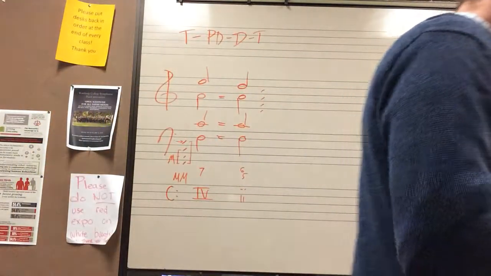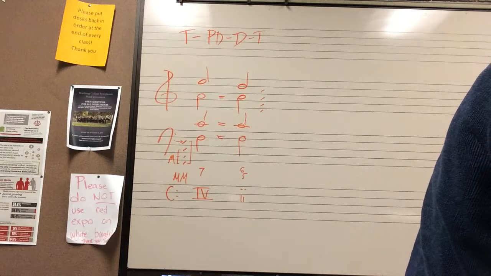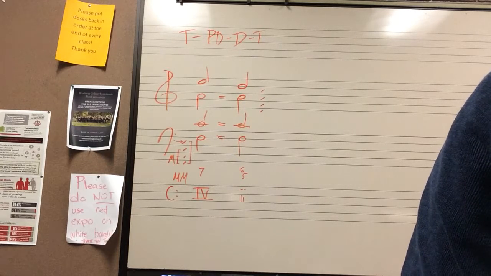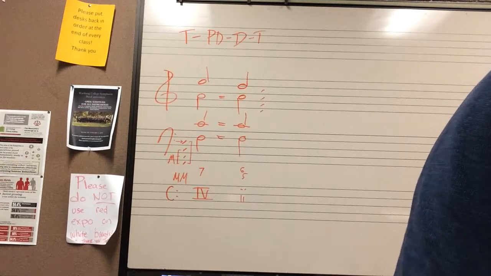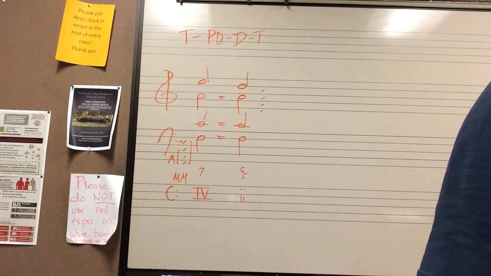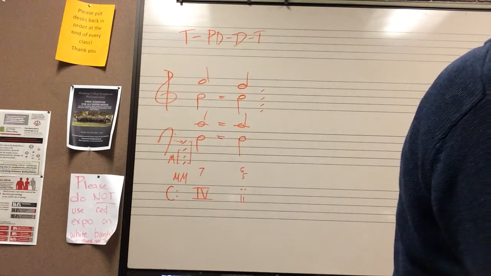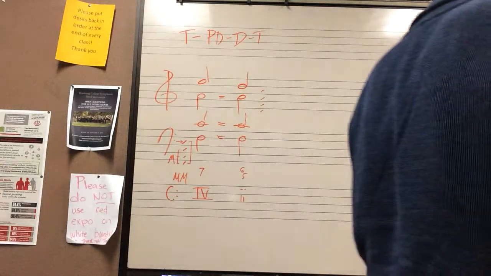So we can move seamlessly from a 4/7 to a 2/7 in inversion before moving to a dominant. There's the tonic.